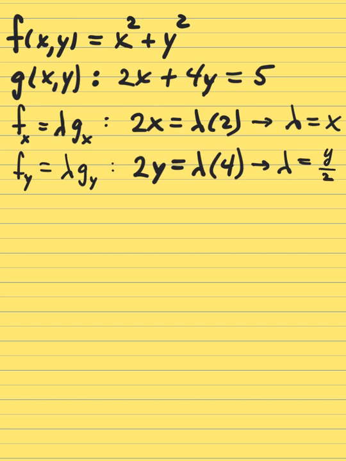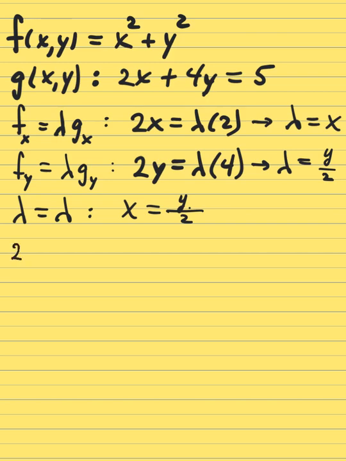Third step is to set the lambdas equal. X equals y over 2. Go to the constraint. The constraint is 2x plus 4y equals 5. Now, since we have x isolated and it's y over 2, we're going to replace the x in the constraint with y over 2.